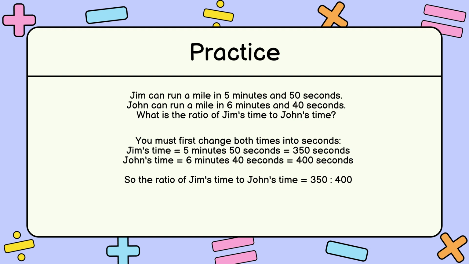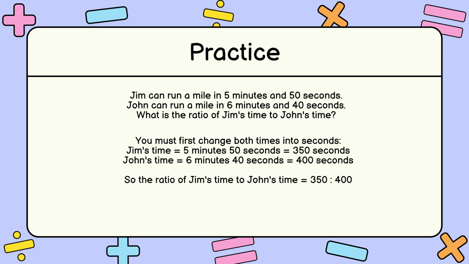Therefore, 5 minutes is equal to 5 times 60 seconds. That is 300 seconds and we add 50 seconds. And 6 minutes is equal to 6 times 60 seconds. That is 360 seconds and we add 40 seconds. If we do that, we get 350 seconds for Jim and 400 seconds for John.